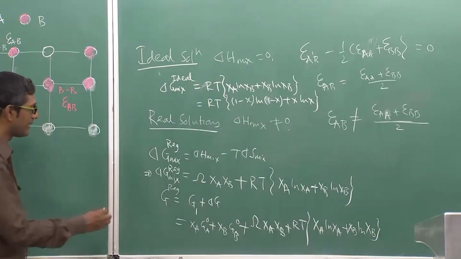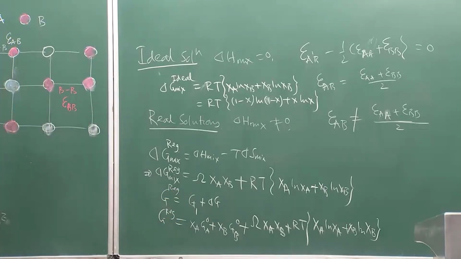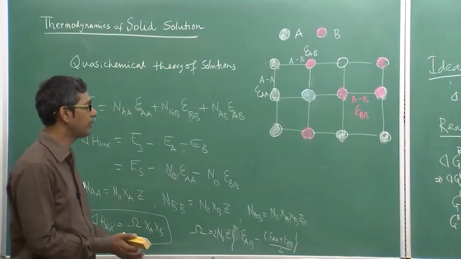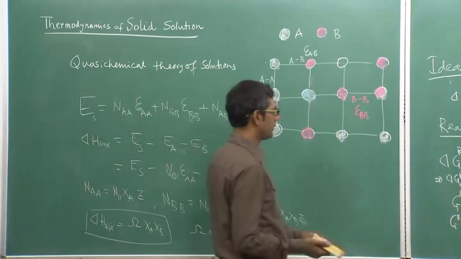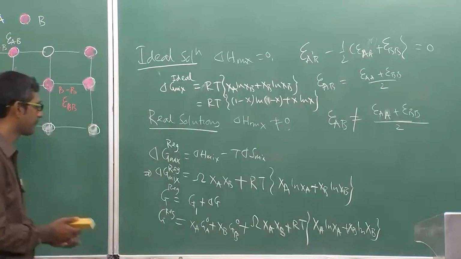So finally we get an expression of G for regular solution. Now we will see how this G will depend upon temperature, depend upon omega, depend upon XA or XB, correct.